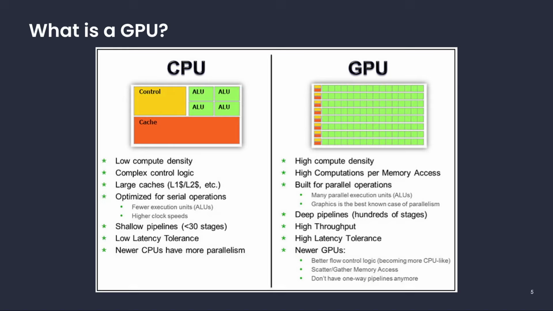So हे comparison आपण multiple times observe केलं की CPU हा serial किंवा general purpose task करण्यासाठी preferable आहे. It has low latency tolerance and newer CPUs have more parallelism. As I said की नवीन CPUs मध्ये 4 cores 8 cores असतात. But compared to that, GPU has high compute density. It has high computations per memory access.